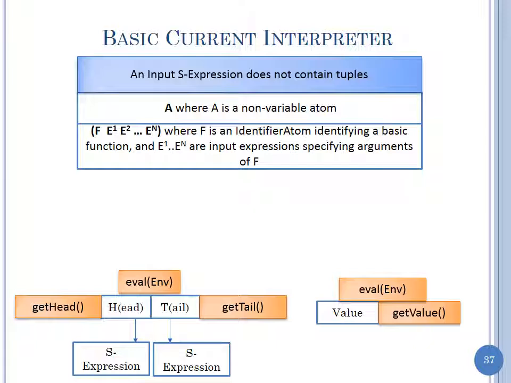We don't know how to handle identifiers, and otherwise it should be a function application. That means the first thing should be a function, and that function better be an identifier, not a lambda. And it better be an identifier that identifies a basic function, not some user-defined function. Okay, so we have been very constraining in that way, and we want to relax that gradually.